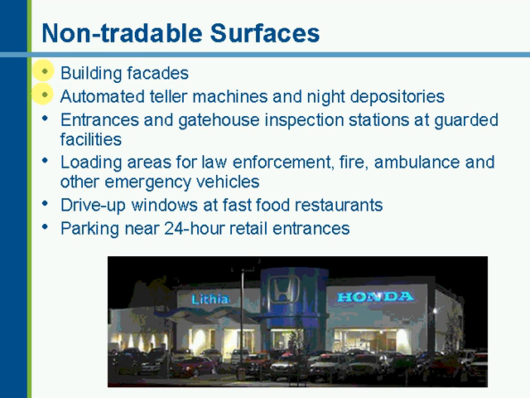Automated teller machines and night depositories certainly have a safety requirement, as do entrances and inspection stations at guarded facilities, loading areas for law enforcement, fire, ambulance, etc. Drive-up windows at fast food restaurants have some specific illuminance requirements, and parking near 24-hour retail entrances also has some high adaptation and security requirements. These, again, are non-tradable. If you get an allowance for an automated teller machine, for example, you cannot use any leftover wattage for any other place in your exterior lighting.